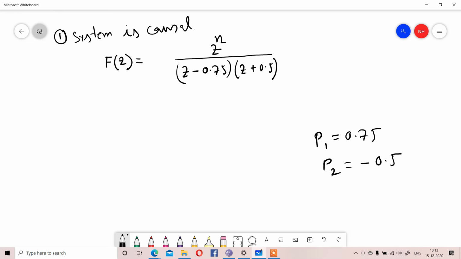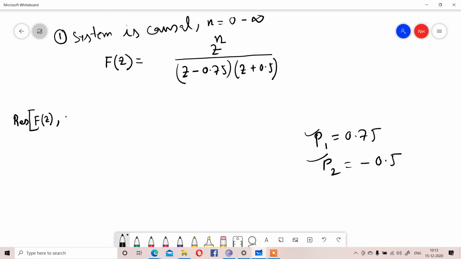So I have considered the system is causal. The value of n should be within the range 0 to infinite, as the system is causal. So if we consider the range 0 to infinite, you will get two poles. For these two poles, you have to calculate the residue. So the residue of fz, that you need to calculate.